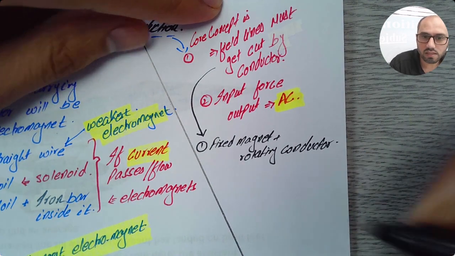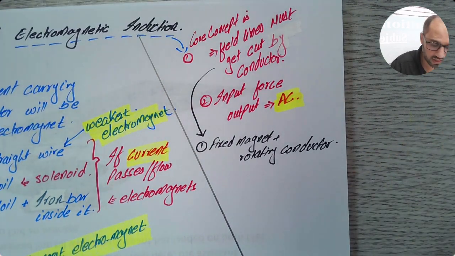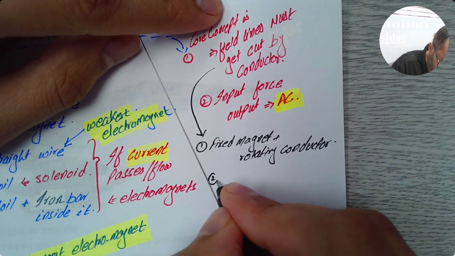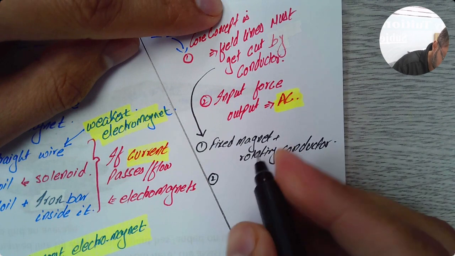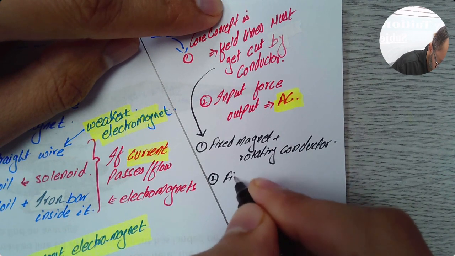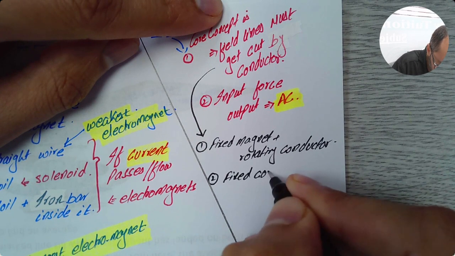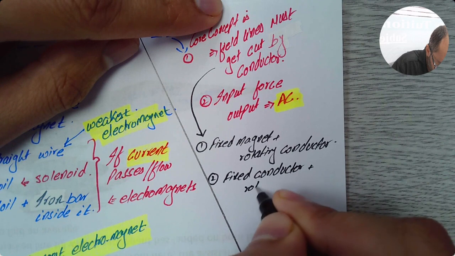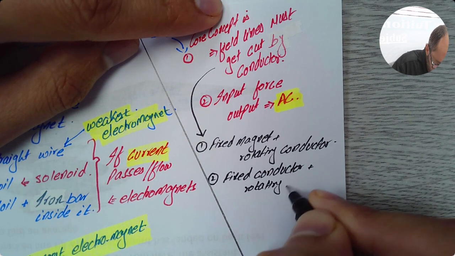If this is the case, field lines will get cut and the outcome will be AC current. Second option could be the other way around. I can have a fixed conductor plus rotating magnet.